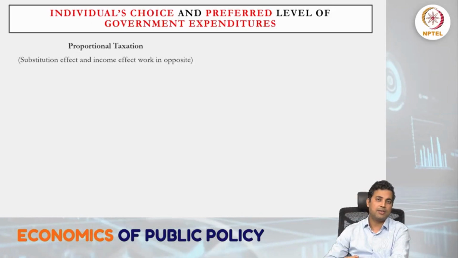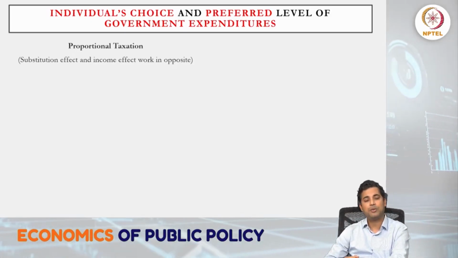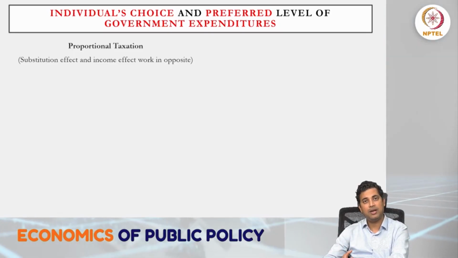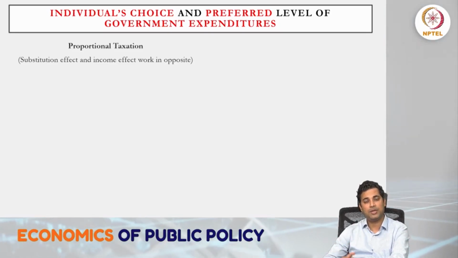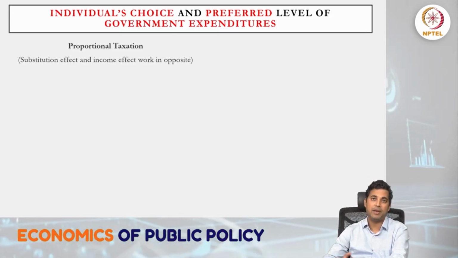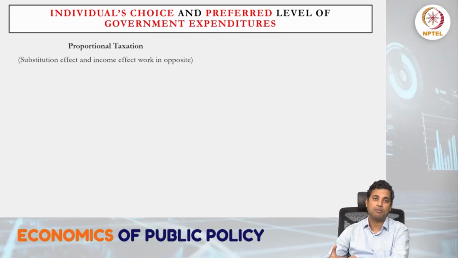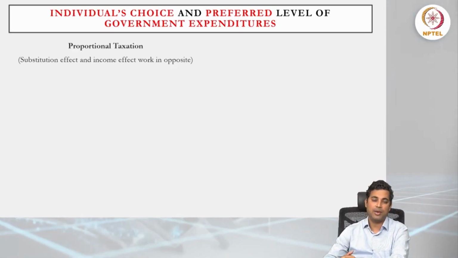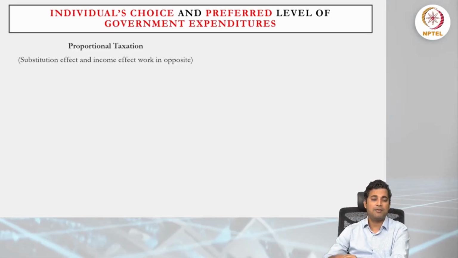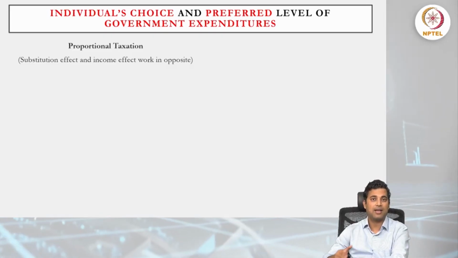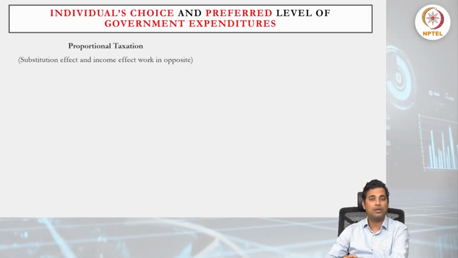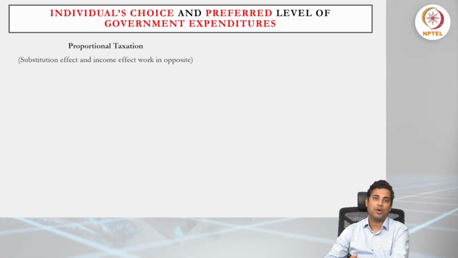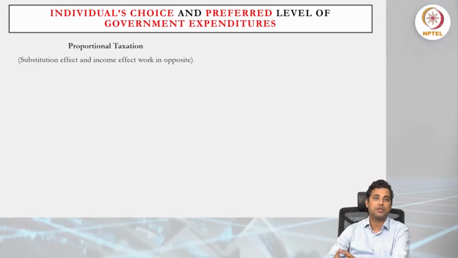So what is the price effect? We are just reiterating. The price effect is that the demand for a particular commodity depends on changes in that commodity's price. The other way is if one commodity's price impacts the consumption of another commodity, then it is called the substitution effect.